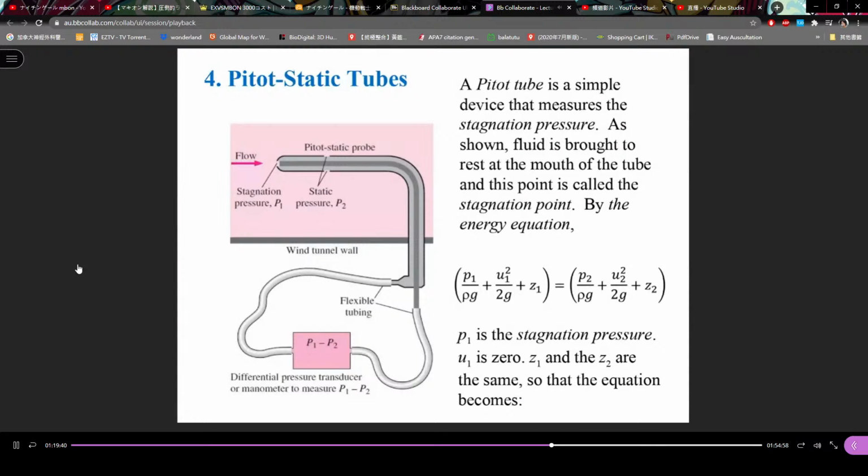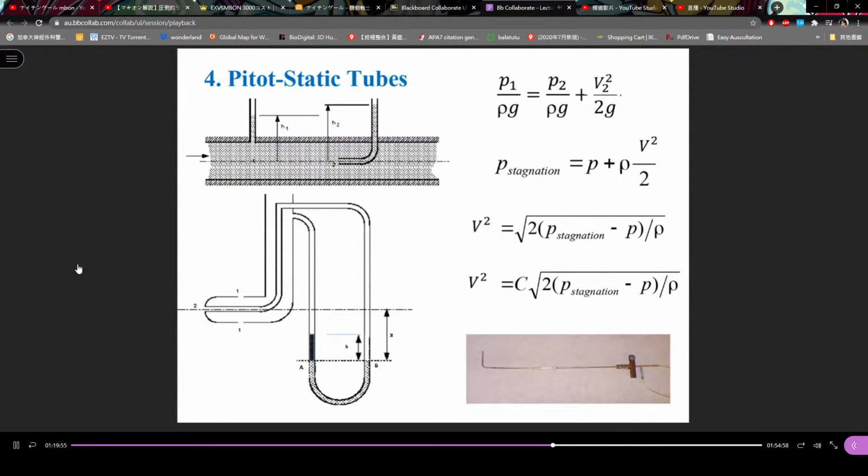If we neglect this, U1, U2 is 0, and the potential difference is different, and P2 should be equal to... So this stagnation pressure should be P2. Don't neglect. And this is V1, P1. And we can find the velocity from the pressure difference.